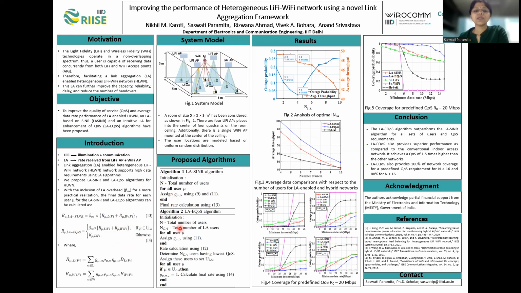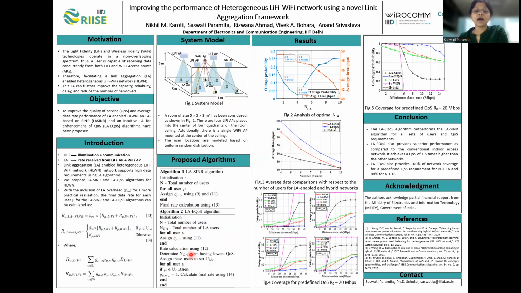In the second algorithm, we are not taking all the users into the picture, because if we provide link aggregation to all the users, the Wi-Fi AP will be unnecessarily overloaded. Therefore, we have used an algorithm here to find out the users who actually require link aggregation. That means the users whose minimum data rate is not achieved.